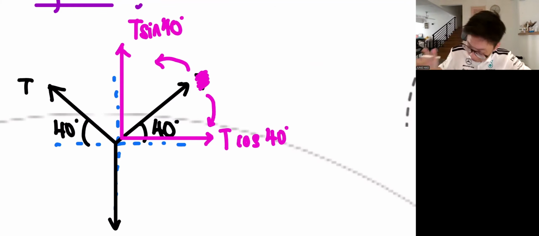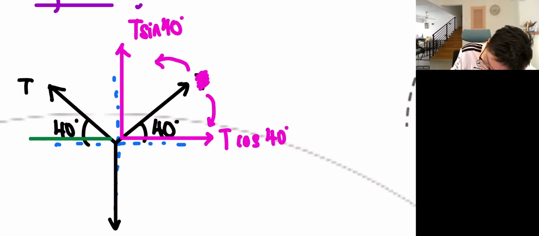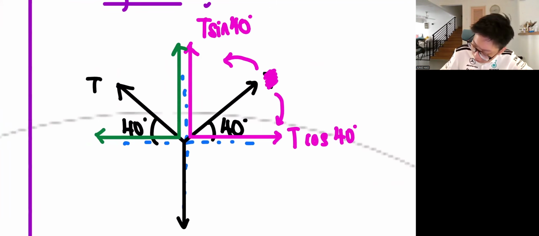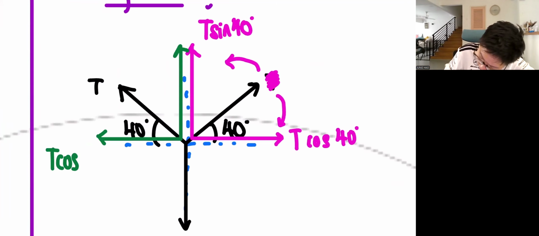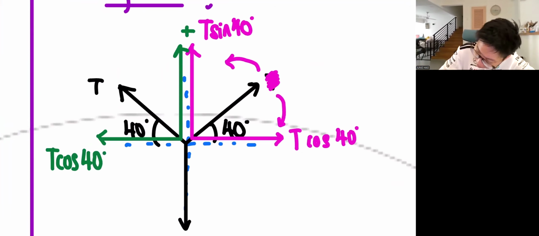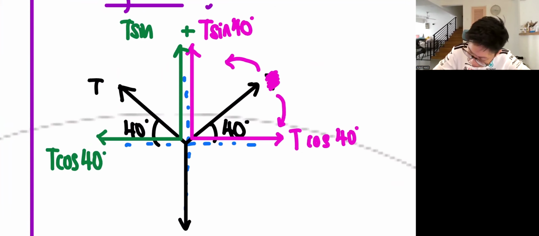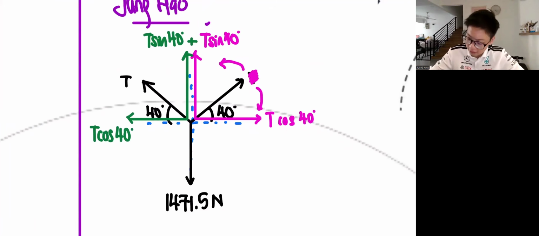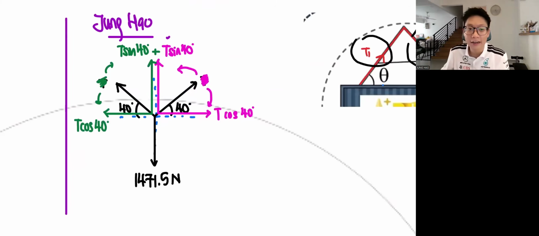Then the left hand side one has a vertical and a horizontal force as well. So towards the left here, this is going to be T cos 40 plus this is going to be T sine 40. This one is also split into two already, so now nothing is stagnant.